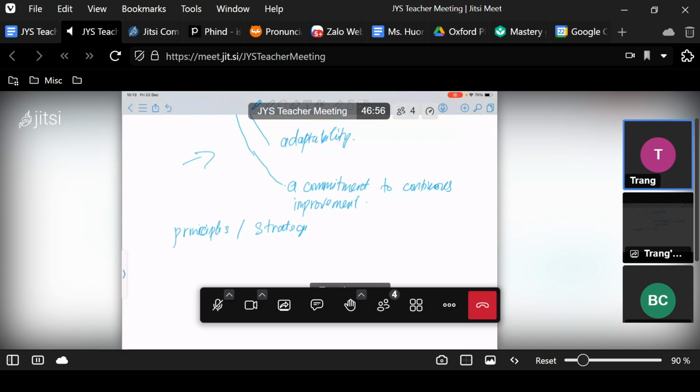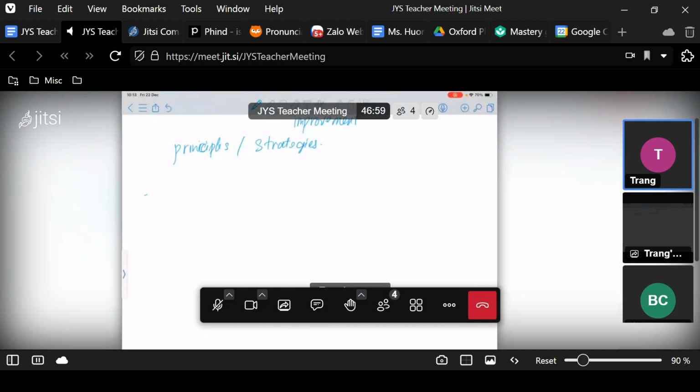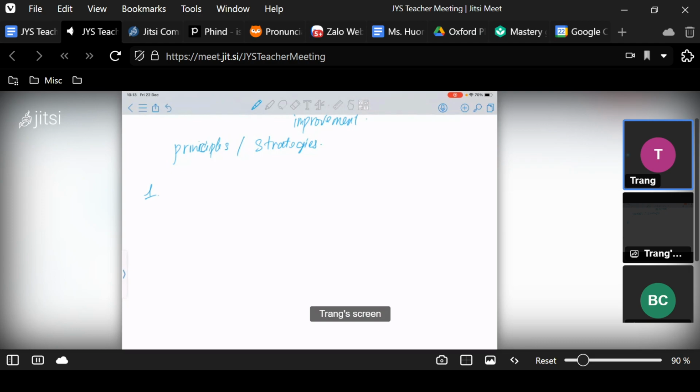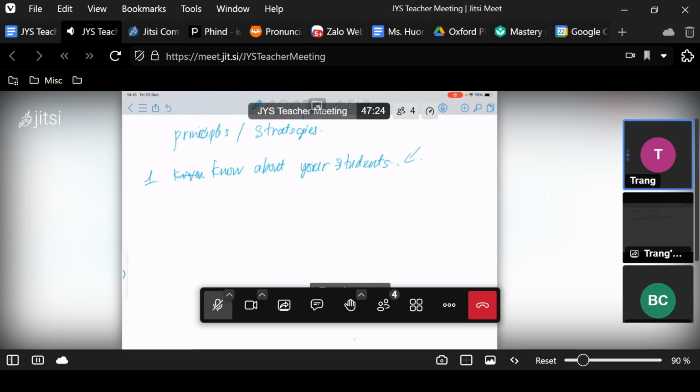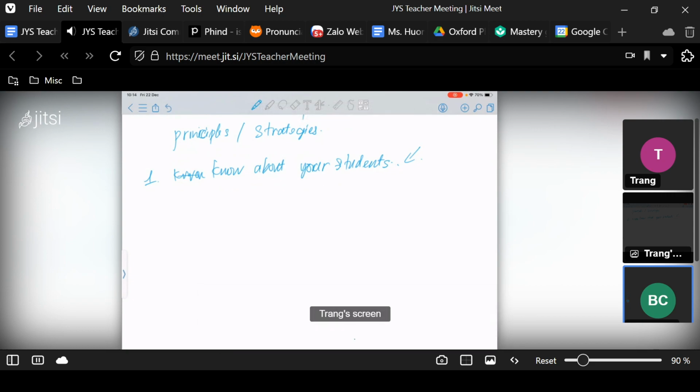Now, moving on to the first principle. I think that is to know about your students. Who can tell me what it means to know about your students? Who can help me to answer? I think we need to know about their ability.